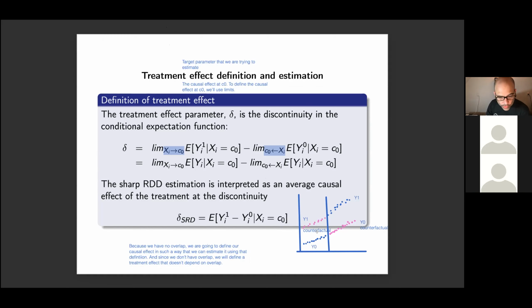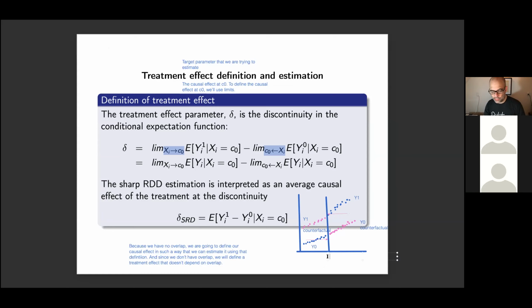So we're going to say Y1 here, and Y0 here, but we're using it in the limit.